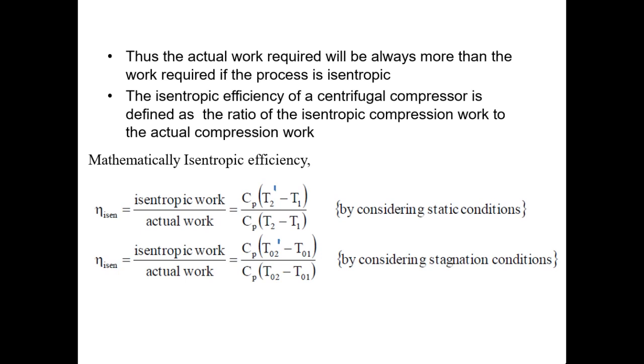But if you consider the stagnation conditions, then the isentropic efficiency can be written as the ratio of isentropic work divided by actual work, which is equal to Cp into T02 dash minus T01 divided by Cp into T02 minus T01.